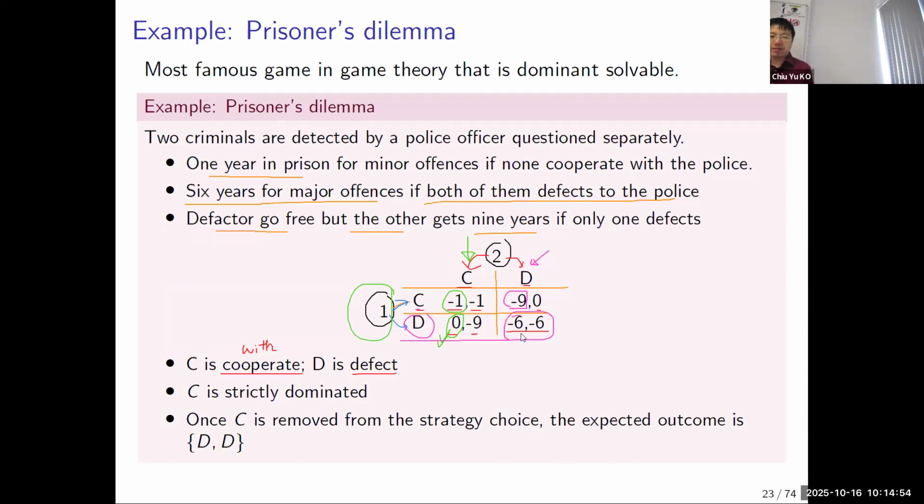So that's why the police would separate people, because no one will be choosing C, right? Choosing C is something stupid, right? There's no reason you would choose C. So the only outcome you get is just DD, defect and defect, right?